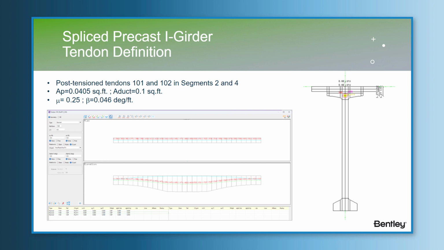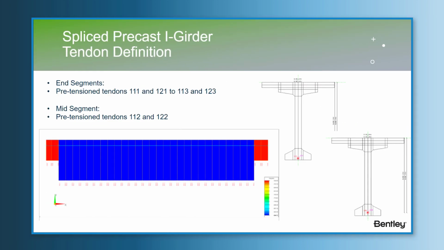It corresponds to a post-tension tendon placed at the top of the girder to control the stress state at the top fiber. After, the pretension tendons of the end and central segments, the drop-in segments, the pretension tendons 111 to 113 at the first level of pre-stress, and the 121 to 123 at the second level.